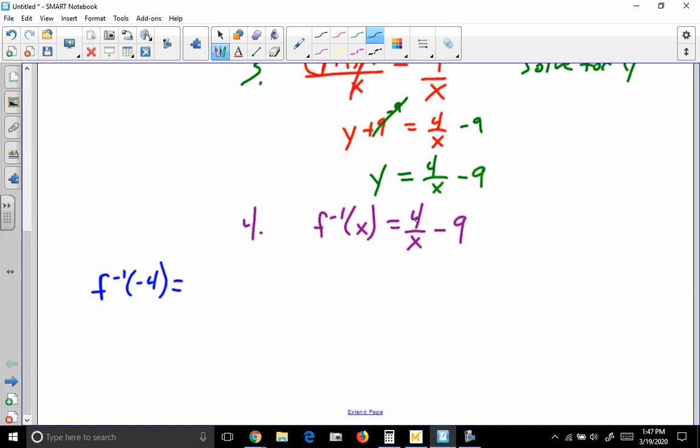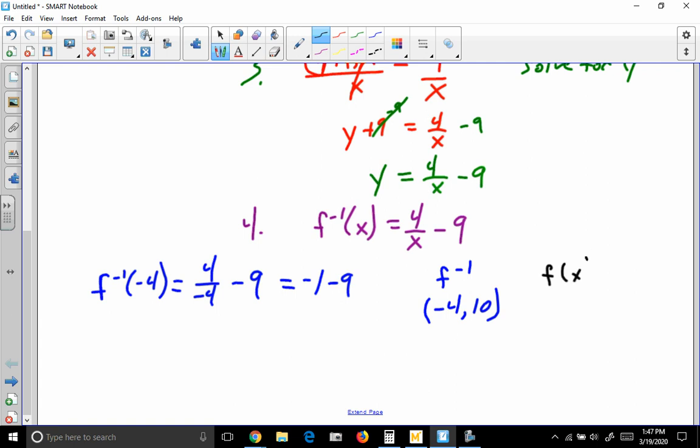If we substitute a -4 into this function, we have 4 over -4 minus 9, which is -1 minus 9, or -10. So for the inverse function, a solution is -4, -10. Which means that for the other function, the regular function, -10, -4 should be a solution, if we did that correctly.